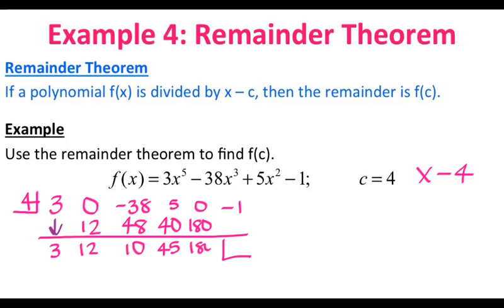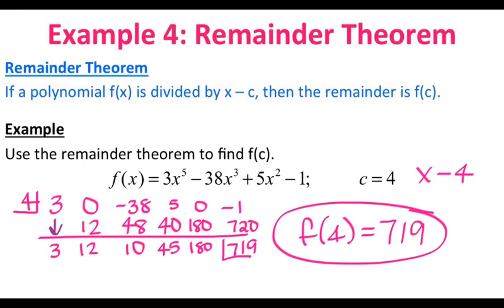Combine. 180 times 4 is 720, and then combine. That gives you 719. We're using the remainder theorem, which means that the 719 is equivalent to f of 4. So f of 4 equals 719.